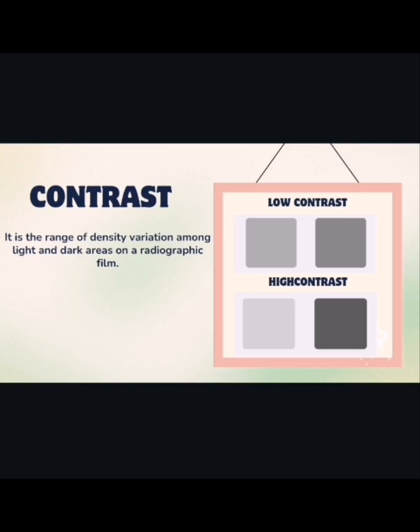Now, take a look at these two pictures on the screen. The first two squares look like pixels within a radiograph. These two squares are nearly the exact same brightness level. We call that low contrast because the visible difference is very small.